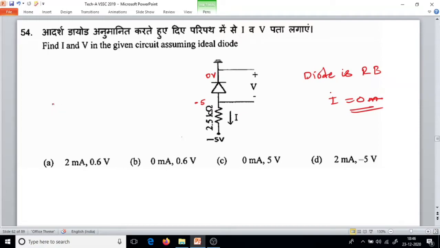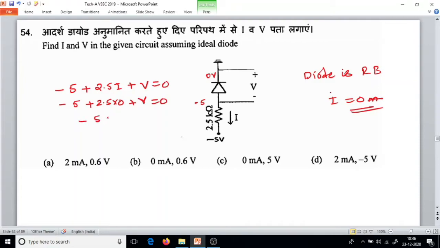Now we will write the KVL here. That is minus 5 plus 2.5 I plus V equal to 0. Now minus 5 equal to, I equal to 0, so 2.5 multiplied by 0 plus V equal to 0.